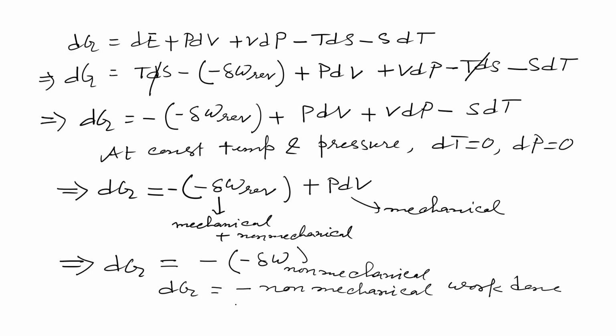So from here I can write minus dG is equal to this non-mechanical work done. That means decrease in Gibbs free energy gives the value of total non-mechanical work done by the system.